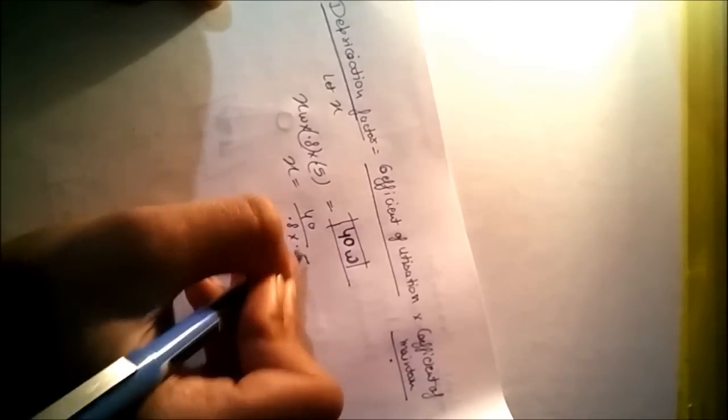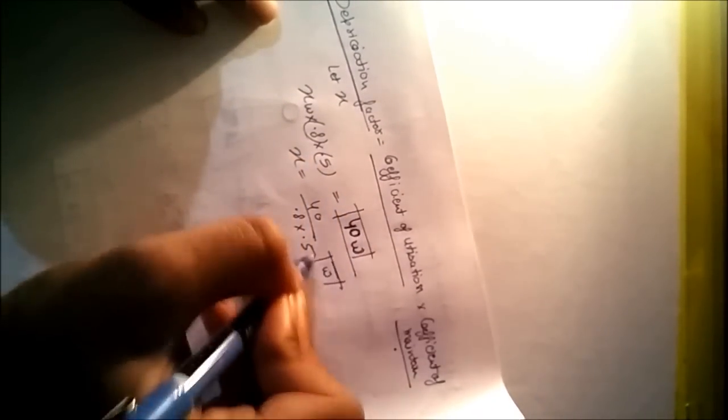Now x will be 40 upon 0.8 into 0.5 watt. Depreciation factor is divided by, we need how much.